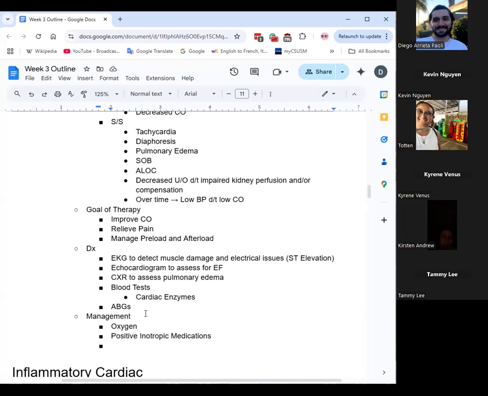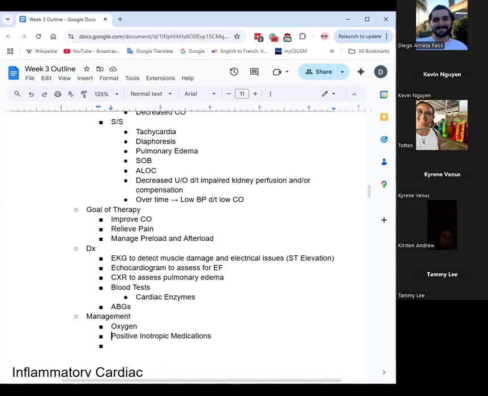For the most part with this condition, do you want to give fluids, or how are we fixing the hypovolemia? Are they hypovolemic? No, they're not. They're not hypovolemic, but they are hypotensive.